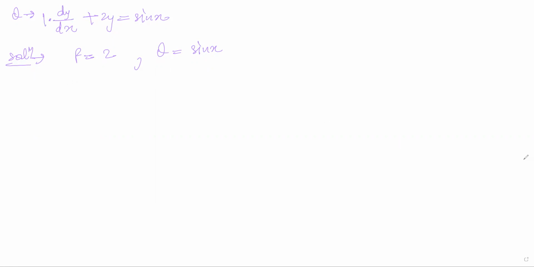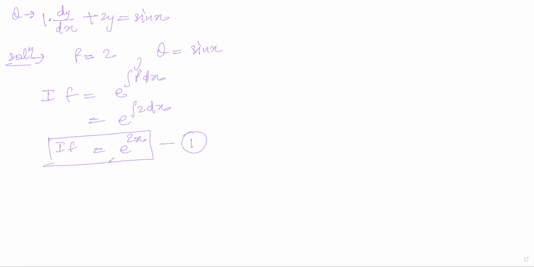First, find the integrating factor. So the integrating factor IF would be e to the power integration of p dx. We got p as 2, so this becomes e to the power 2x. Okay, my bad, guys.